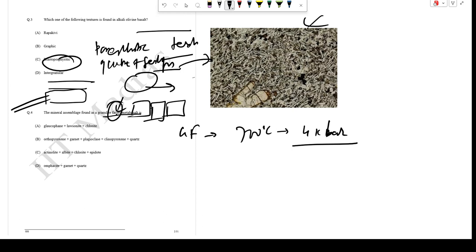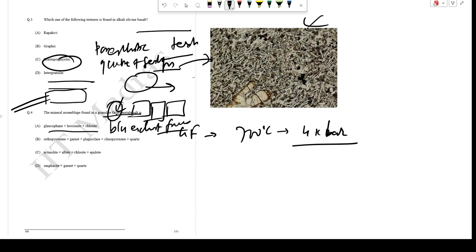So let's analyze the mineral assemblages in the options. First is glaucophane, lawsonite, and chlorite. This assemblage is characteristic of the blueschist facies, which is high pressure, not the granulite facies. So this is not the correct answer.